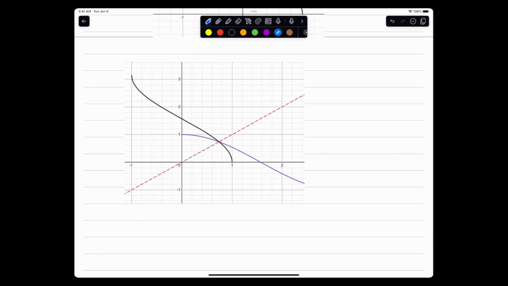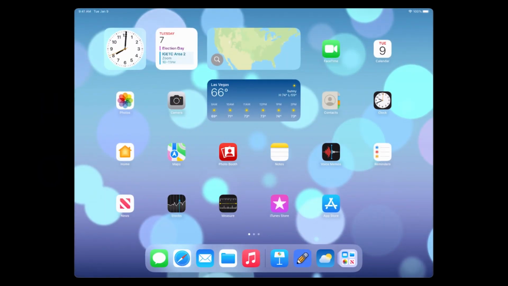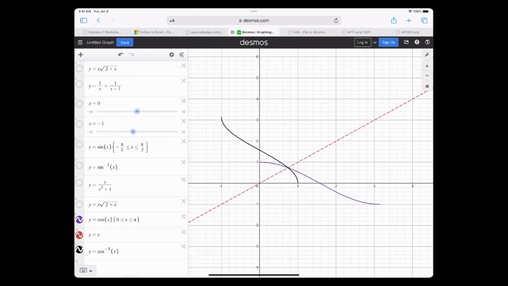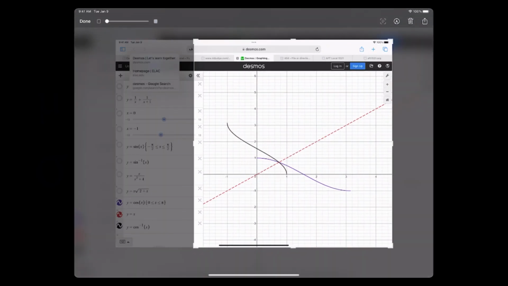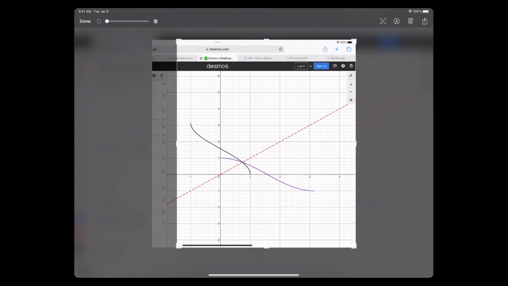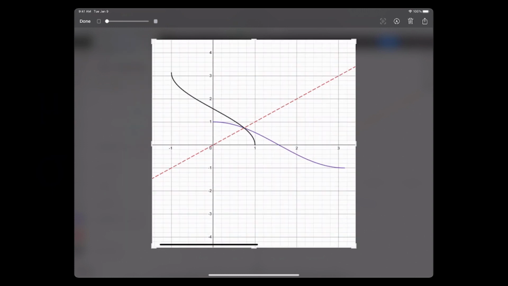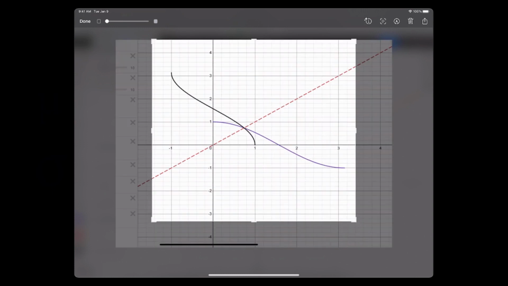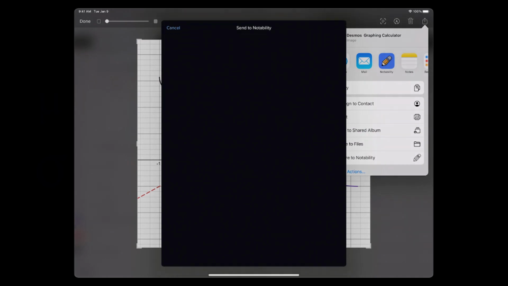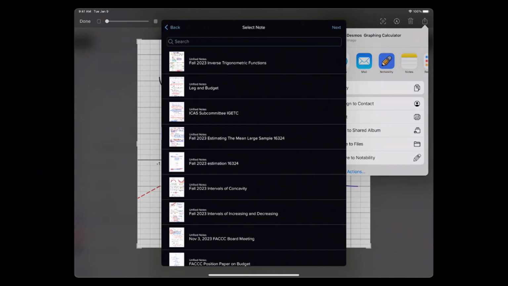The purple curve, I didn't get all of it. Let's go back and delete that cut. Okay, let's try to get it all.